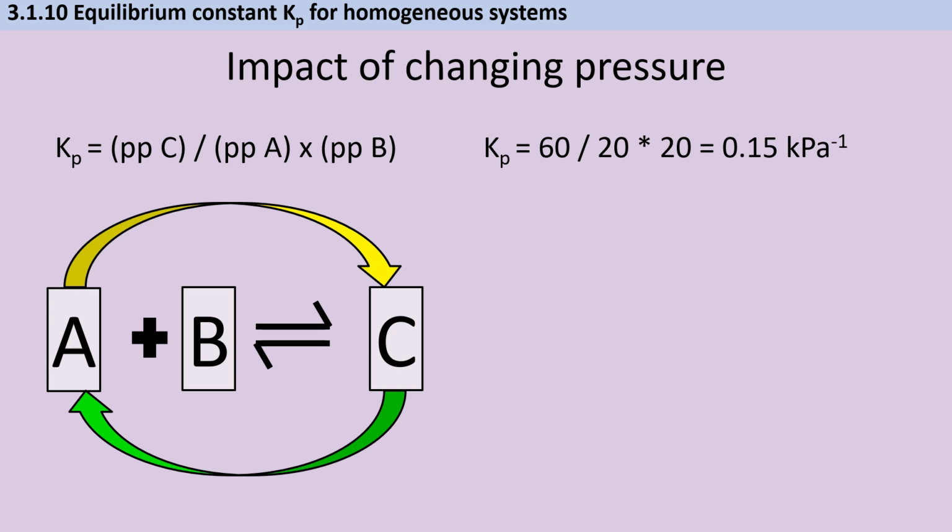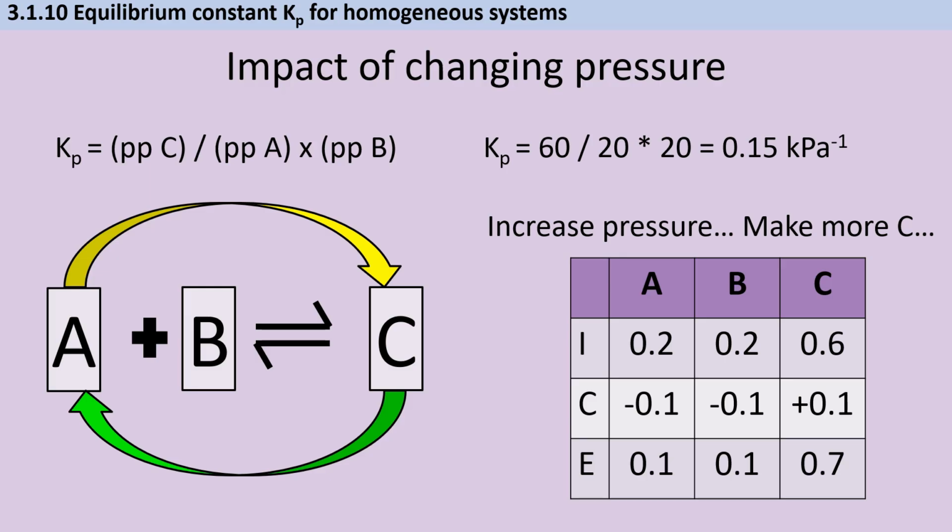We started out with partial pressures which added up to 100 kilopascals, and therefore our initial value for Kp is 0.15 kilopascals to the -1. Now if we increase the pressure, we're going to make more of C, but you also have to remember that as well as the mole fractions adjusting, the total pressure has increased, and that's going to have an impact too.